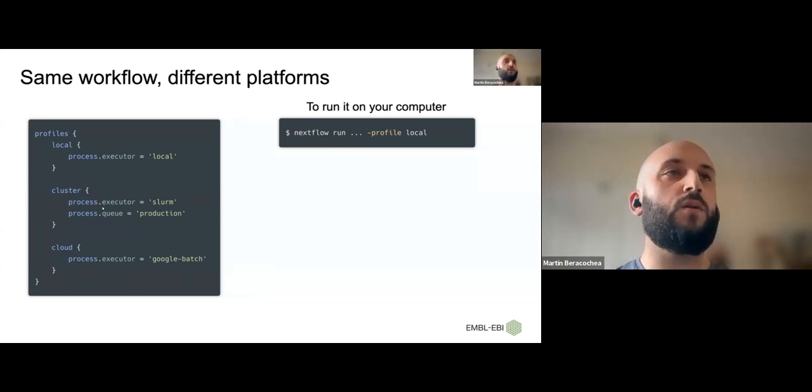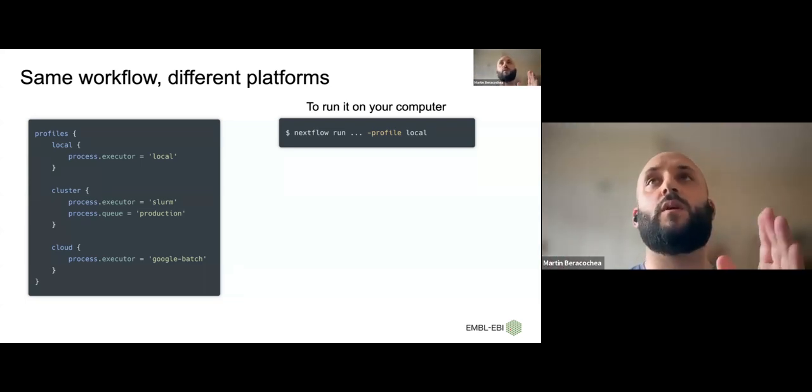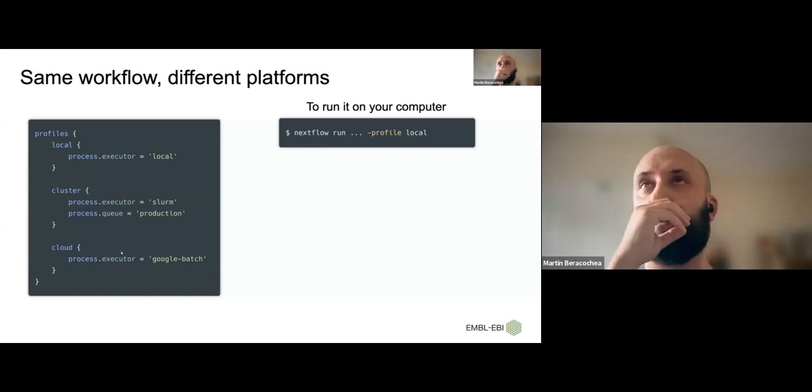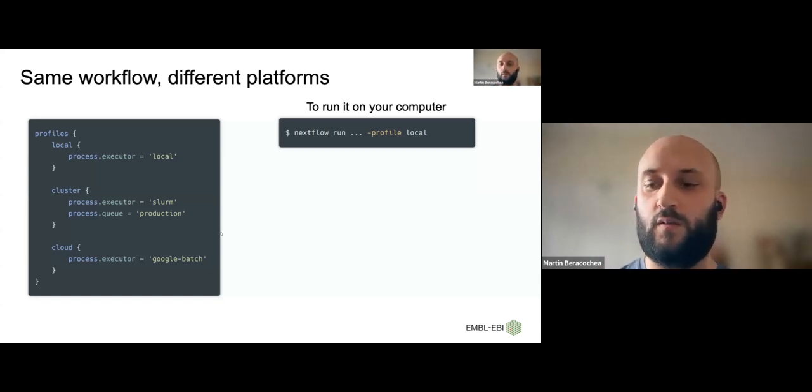I have another one called cluster, which says, okay, I need to execute this workflow using Slurm. And you can see, for example, how you actually configure that. It's process.queue, and then you say, okay, production within my HPC cluster, which runs Slurm, I need to use a production queue. And finally, you can see a Google Batch executor configured there. I'm going to go over this in slightly more detail when we run the real example that I have.